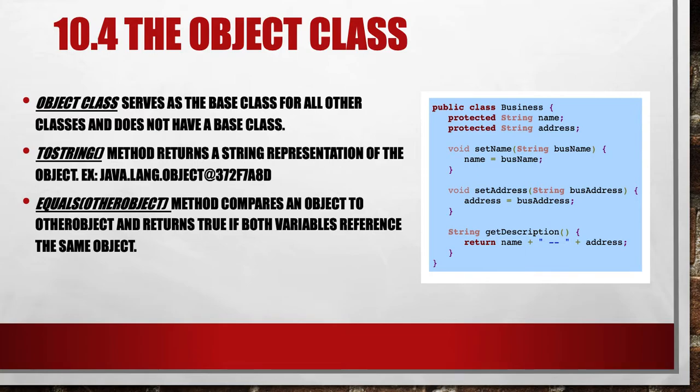Two common methods defined are toString and equals. toString returns a string representing the object, by default. And equals compares an object to another object and returns true, else it returns false.